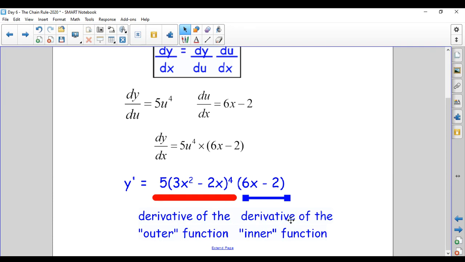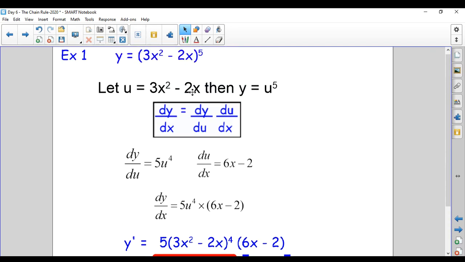Hopefully that makes sense. You can slow that down, review that, go over that again, just to make sure that all makes sense. At some point, we may not need to make the substitution because we will understand that we're really deriving the outer function and then multiplying it by the inner function. So as we go through the next example, you'll probably see what I mean by not having to make this substitution explicitly, but it's sort of implied in what you're doing.